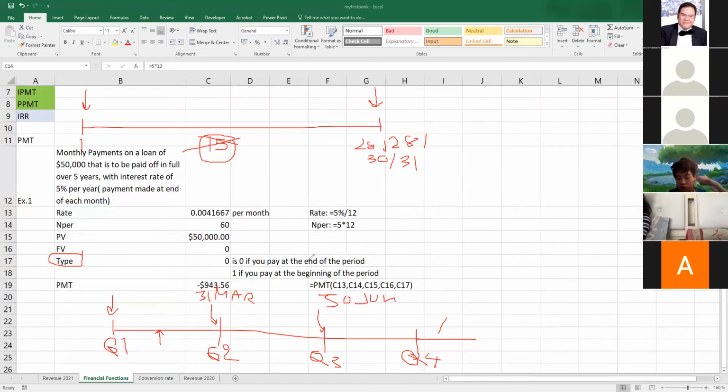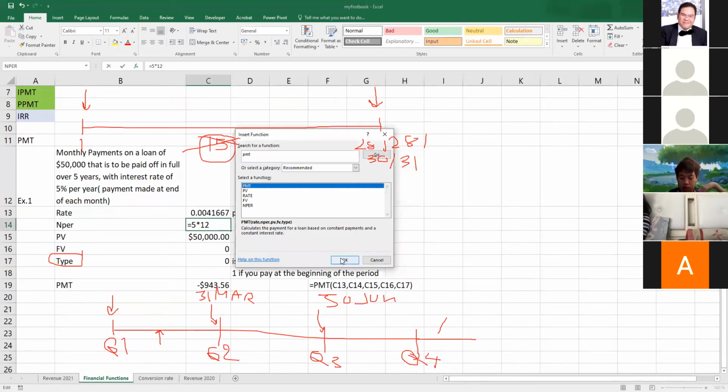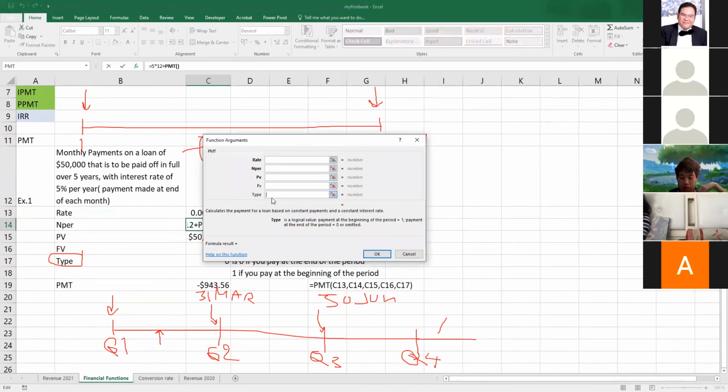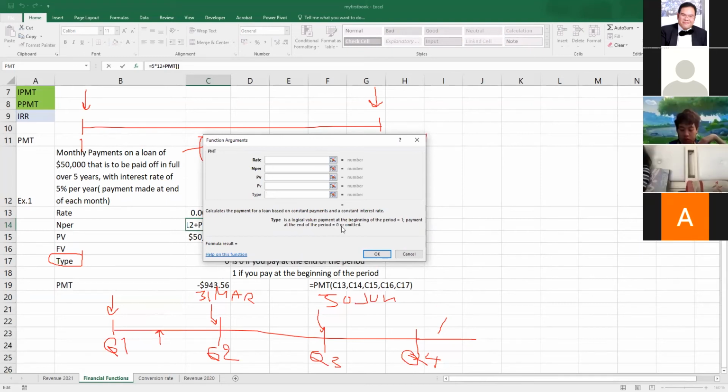And if you see in the function syntax, it says zero if omitted. What does it mean? Let me show you in this one. If you go to the PMT function and then click OK, you can see that when you click on the type, it says period equals to zero or omitted.